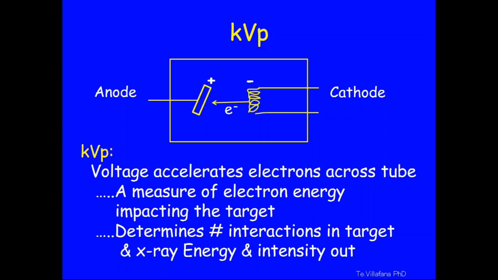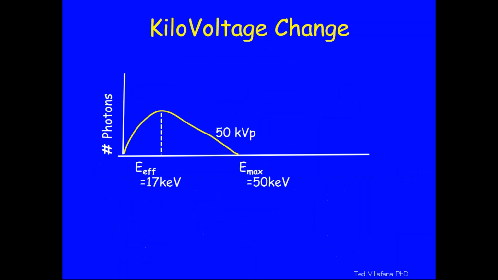And the higher the energy, then the more interactions it can undergo in the target. That's this last item on the slide. And if you have more interactions, you produce more X-rays. And those X-rays are typically of higher energy. So let's see what it would look like looking at the Bremsstrahlung spectrum. Here you have, let's say, a 50 kVp beam. 50 kVp defines an Emax of 50 keV.